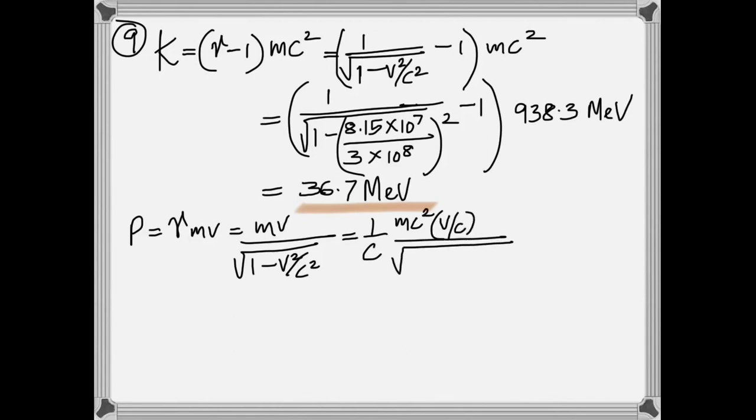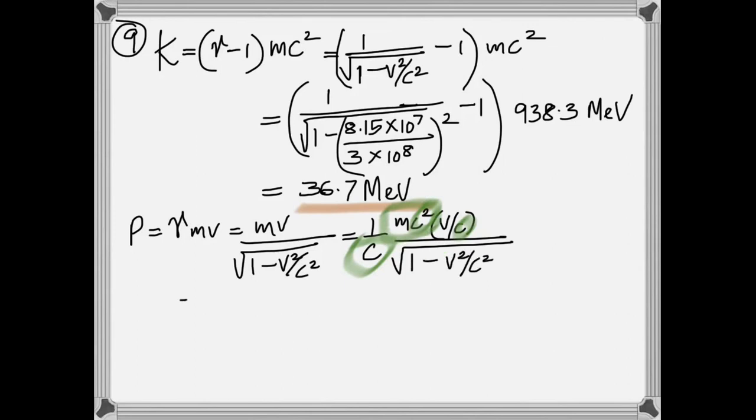Here what I've done is I've tried to take out a c, because you've got to get momentum as mega electron volt by c. I've already separated the c here, kept it ready, and by doing that I've put another c here, and that makes me introduce the c² there. Why? Because I know mc².